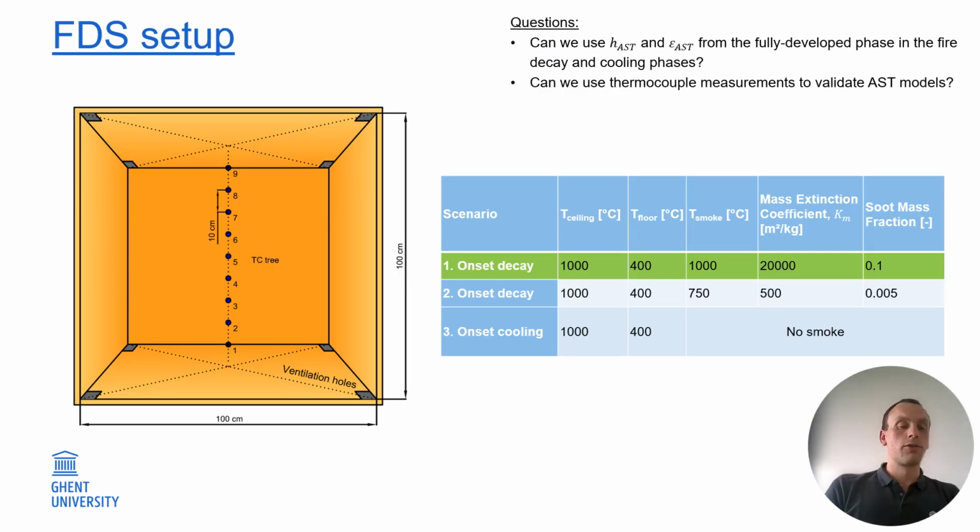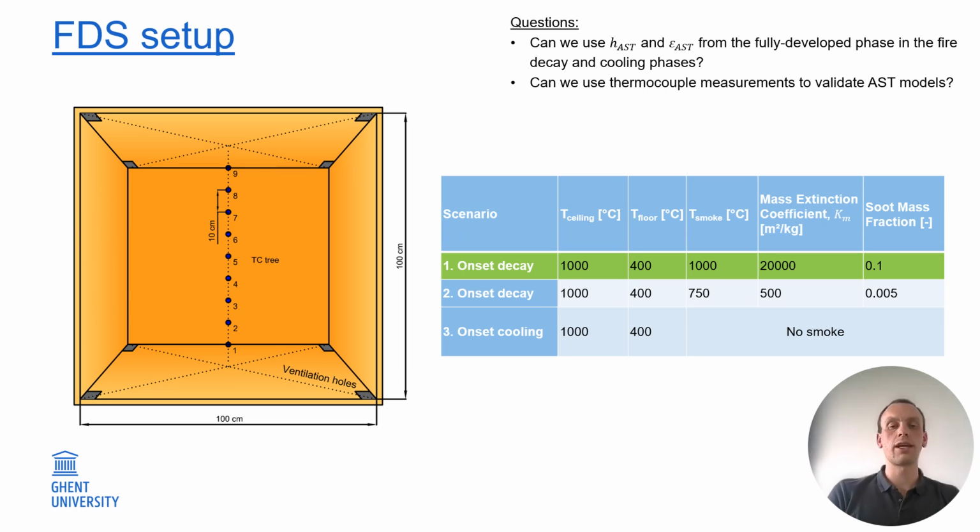Now, to answer our two questions, we came up with a very simple setup in FDS. So we have a box geometry, which has some holes in the floor and the bottom to allow for flow of air and smoke. In the center, we have a thermocouple tree, but for the sake of representation, we're going to limit ourselves to the bottom one and the top one, which are at 10 centimeter distance from the surfaces respectively.